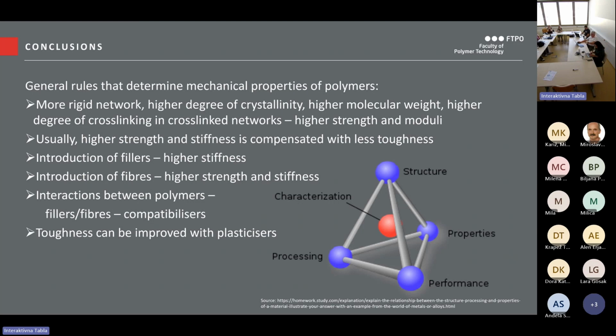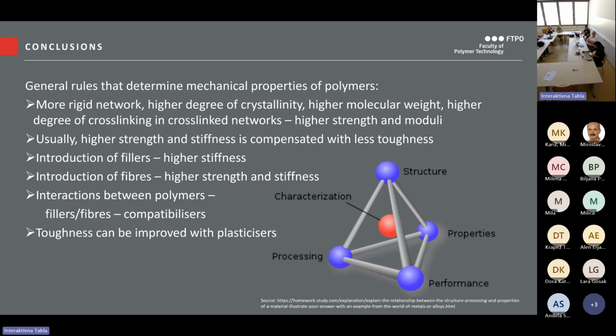We can help the interaction with the use of compatibilizers, which act as the connection between the polar and non-polar components, similar to washing detergents that are connecting oils to water.